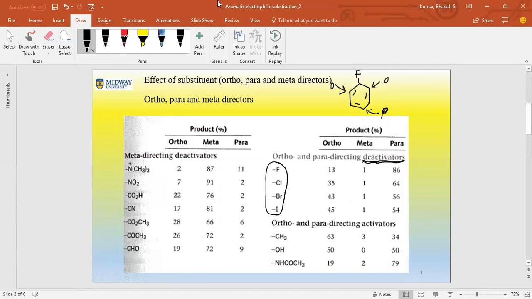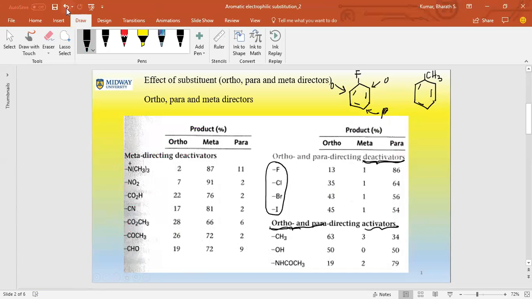Okay. Similarly, say you started with benzene, and then you've done a Friedel-Crafts alkylation, and say you added a CH3. Okay. This is also an ortho-para directing group, but this is an activator. Okay, we'll worry about the activators and deactivators at a later time.